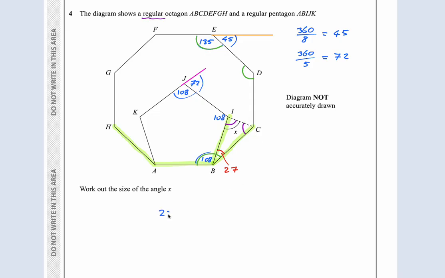So 2x plus 27, because it's a triangle, these three angles have to add up to 180. 2x equals 180 minus 27, which is 153, and then x is 153 divided by 2, which is 76.5.